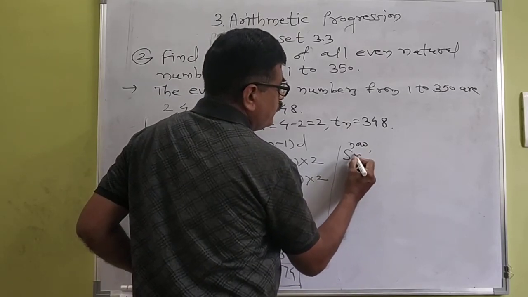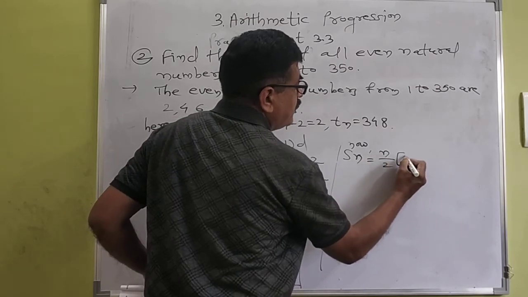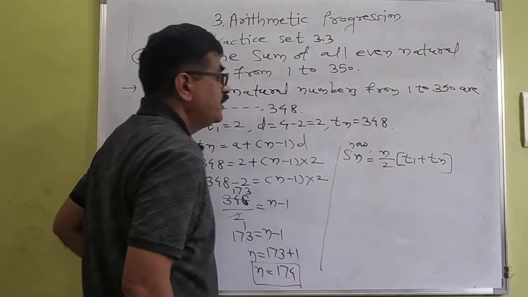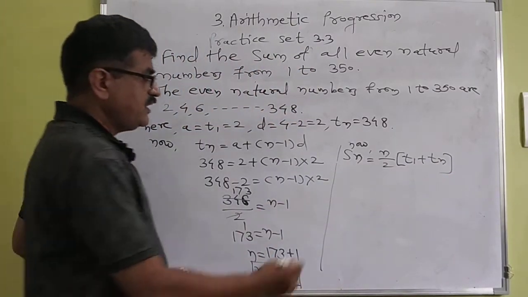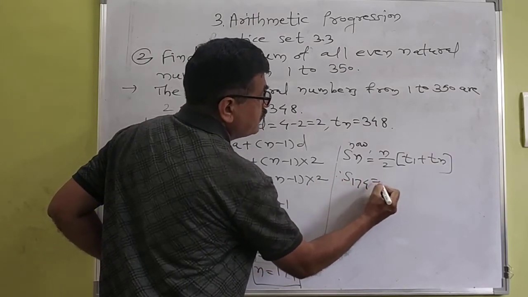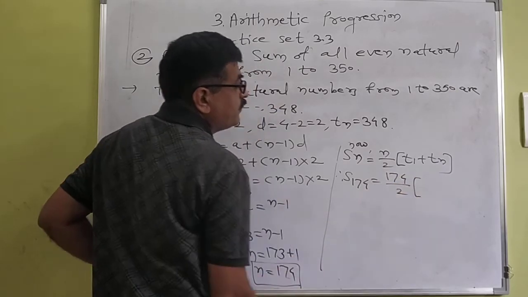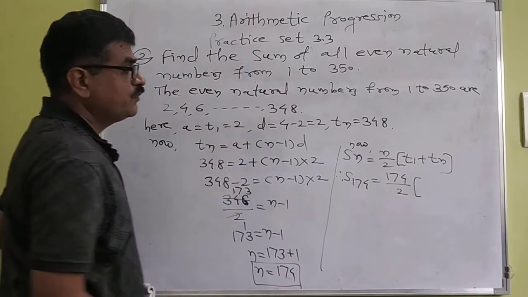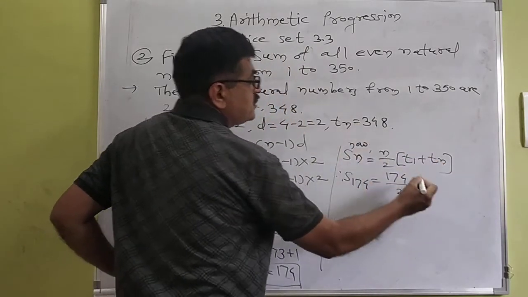Sn is equal to n upon 2 into bracket T1 plus Tn. Now here the value of n is 174. Therefore S174 is equal to 174 upon 2 into bracket. Now T1 is the first term, that is 2, plus the nth term Tn, which is 348.